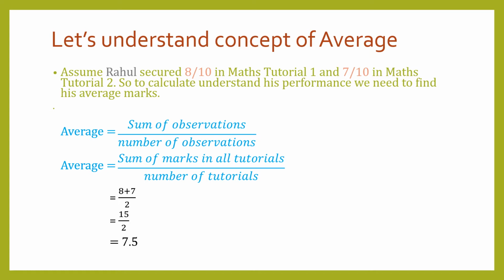It means Rahul has secured 7.5 out of 10 as an average in both the tutorials. Therefore, the average of marks secured in maths is 7.5. So this 7.5 helps us to understand his performance.